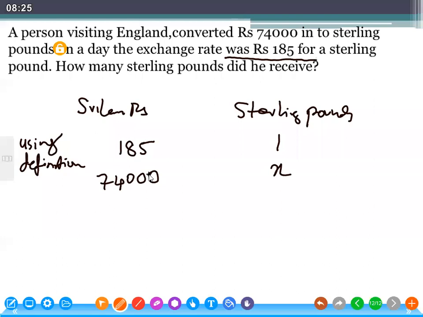So you know how to solve these problems using a definition. This is a direct proportion, so the ratios are equal. I'm going to write the ratios. 185 is to 74,000 is equal to 1 is to x. This ratio can be written as a fraction.